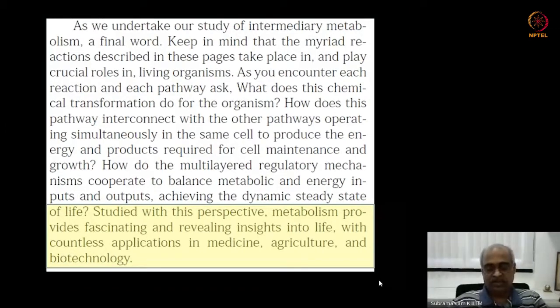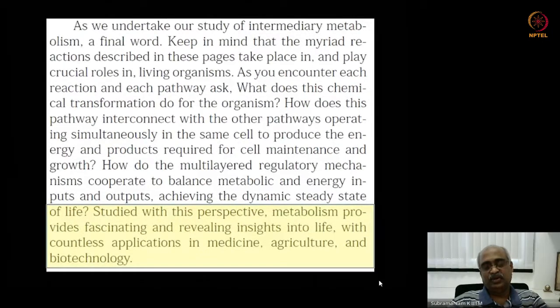So when you have the biosynthetic pathway on, for example, if the end product is in short supply in the cell, then the degradation of that molecule, the catabolic pathway, will be blocked. Because it involves at least one enzymatic reaction that is different from the same step in the opposite direction, that is in the biosynthetic direction.